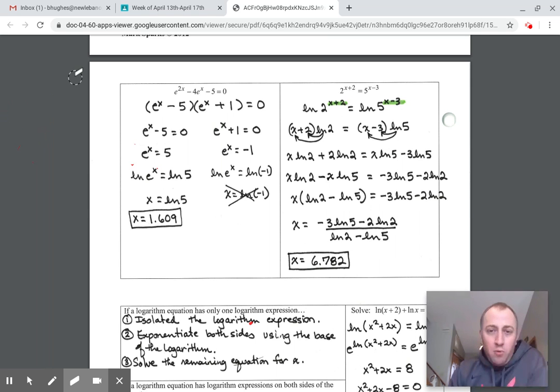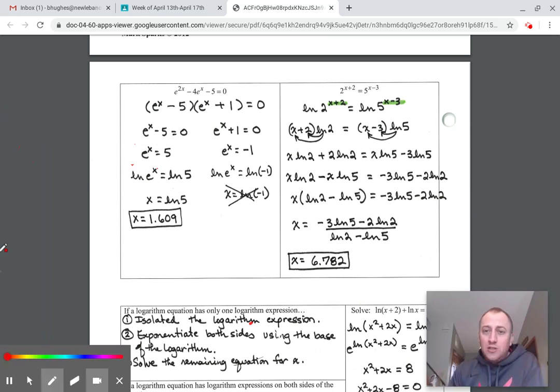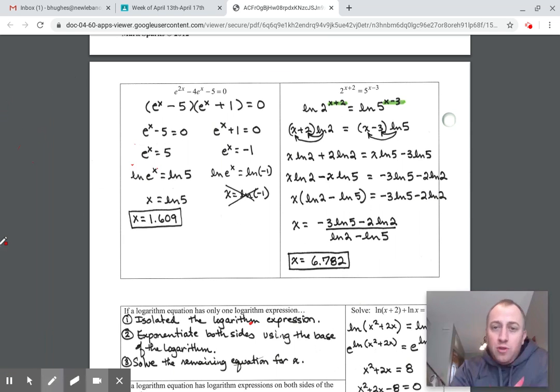So at this point, we're going to go ahead and logarithmitate both sides of my equation right off the bat, because I really want to get that x plus 2 and the x minus 3 out of the exponents. So what we can do is take the natural log of both sides.